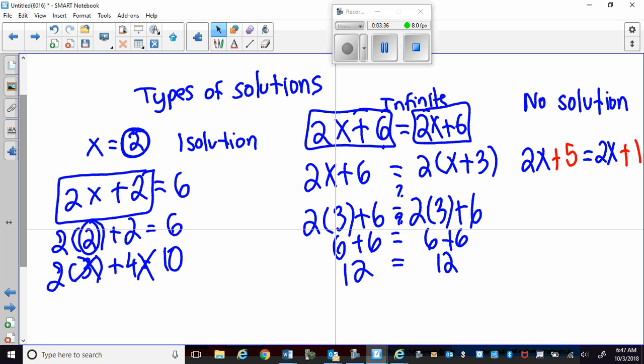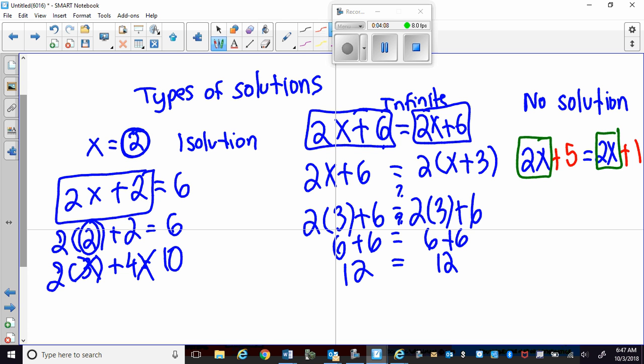The uniqueness of this situation is that both of these are the same, but those constants literally throw everything off. You're going to have 5 more on the other side, no matter what. If I plug a 1 in here, I would get 2 plus 5 is 7. And if I plug a 1 into the other side, I get 2 times 1 is 2, 2 plus 1 is 3. So 7 does not equal 3.